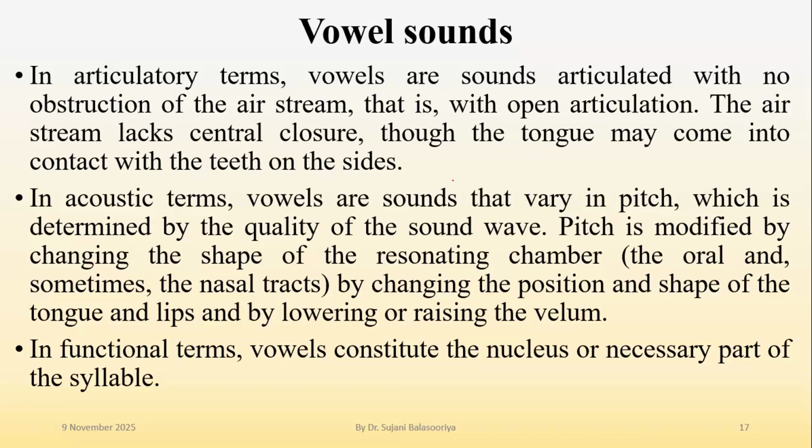You can give the whole idea using two words, that means open articulation. Okay, open articulation. And contrasting to that, there is an obstruction done to the airstream in producing consonant sounds. So that's the major thing.